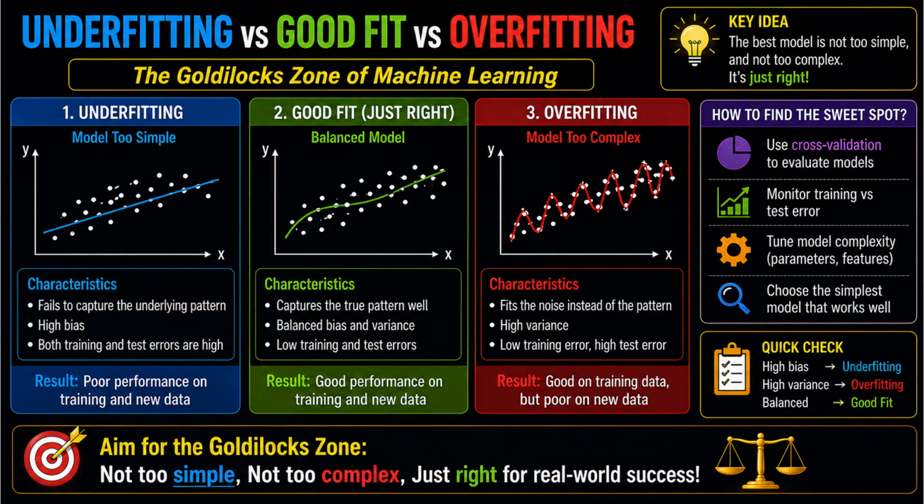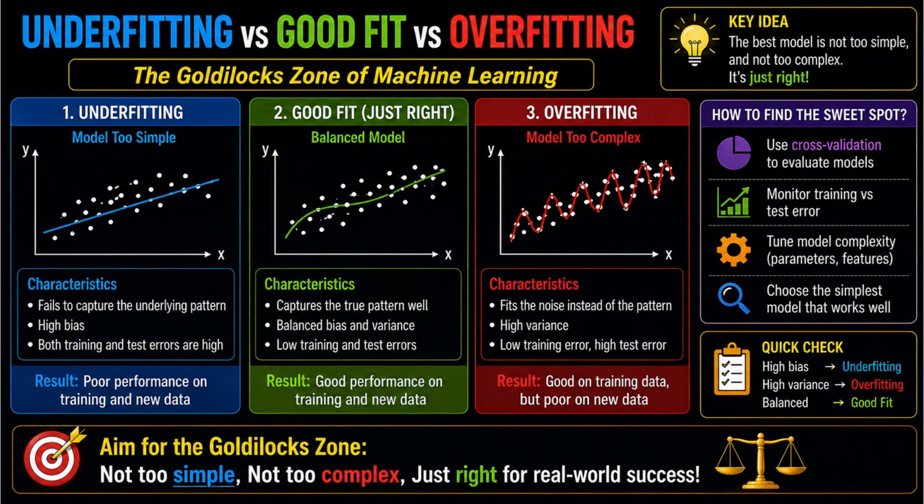So there is something called the Goldilocks zone of machine learning, which is the good fit we need to get. How do we find this? It should not be too simple a model, and should not be too complex; it should be just right for real world success. How to find that Goldilocks zone or sweet spot?